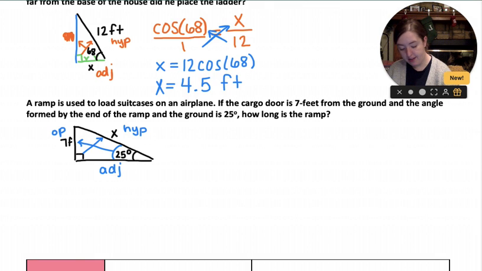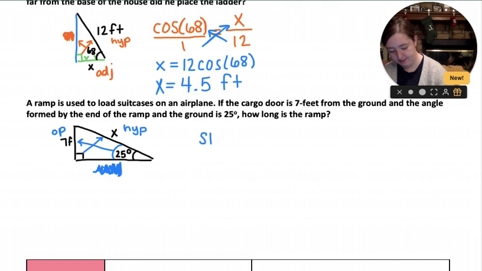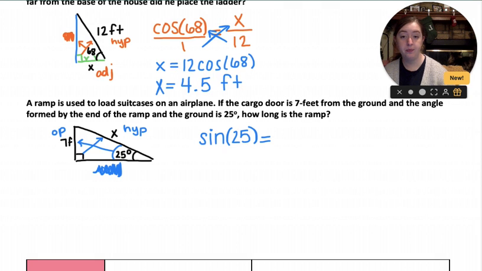Since I don't have a label for adjacent, I'm going to ignore it. We have lengths for opposite and hypotenuse. Which trig uses opposite and hypotenuse? Yeah, we're going to be using sine. So sine of my angle, 25, equals opposite 7 over hypotenuse x.